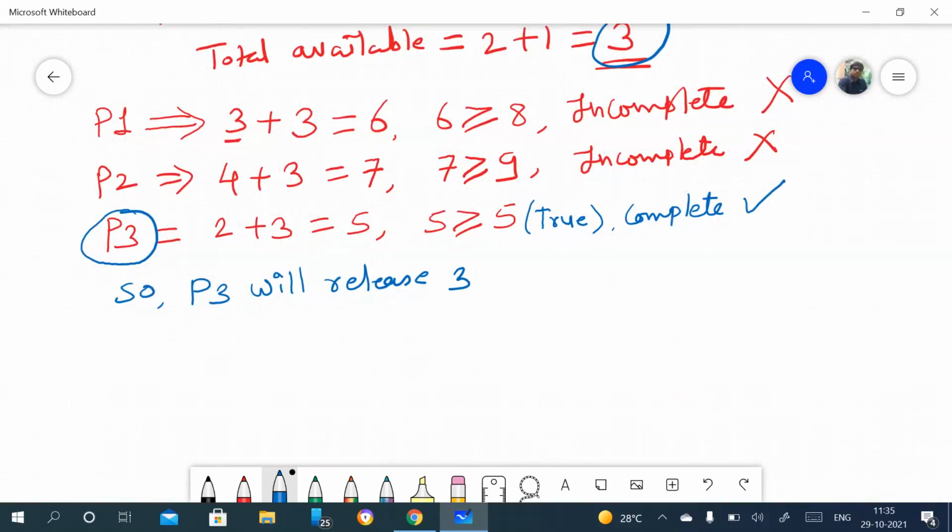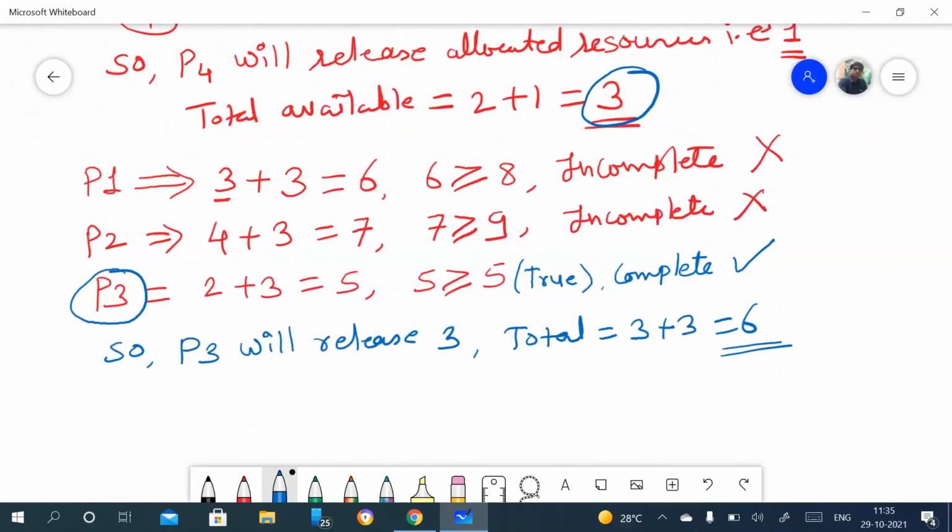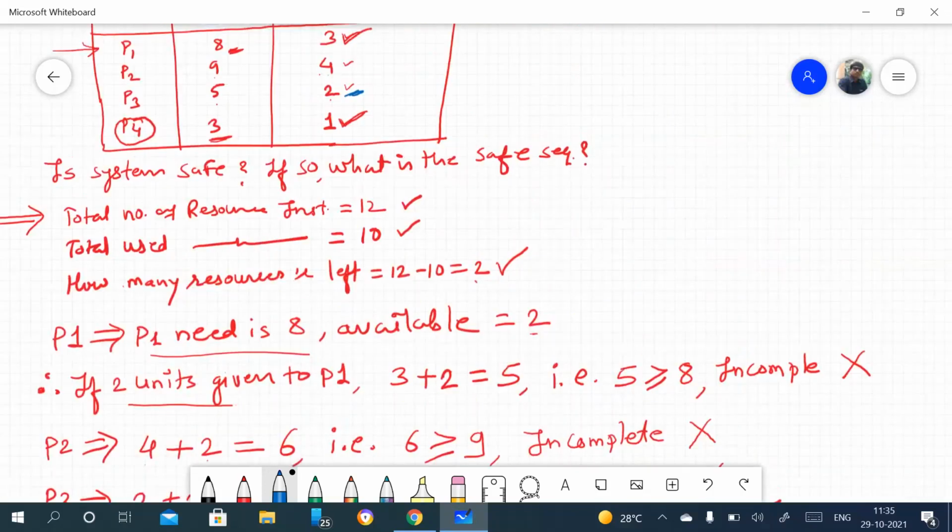So total would be previously 3 and this released 2.